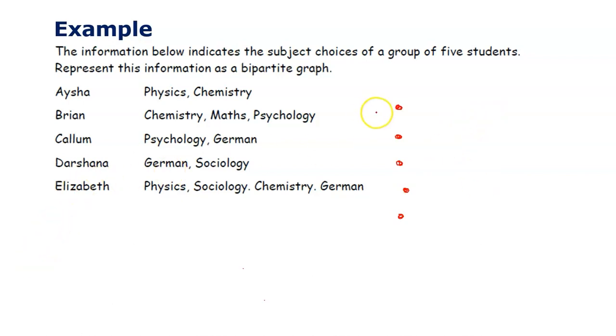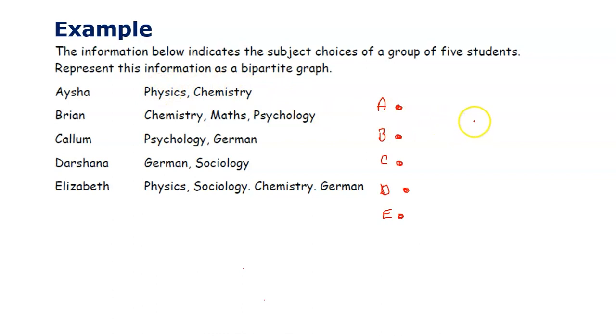So I need to write the A, B, C, D, E here. These 5 students obviously can't be joined to each other. But what they can be joined to is the subjects they take.